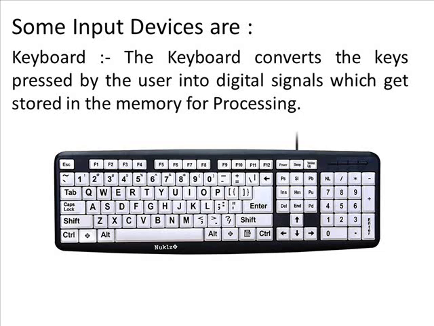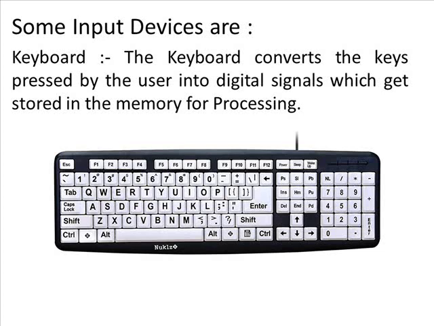The keyboard is the most common and very popular input device which helps to input data into the computer. The layout of the keyboard is just like that of a traditional typewriter, although some additional keys are provided for performing additional functions.